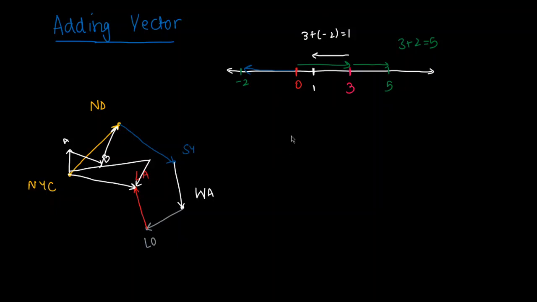So given any number of vectors, you could just arrange them so that you get to see the initial and the final position of them. And let's translate this oversimplified situation into some simple vectors.